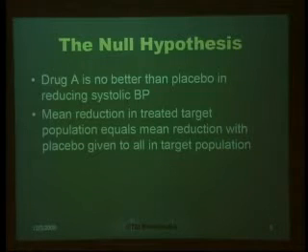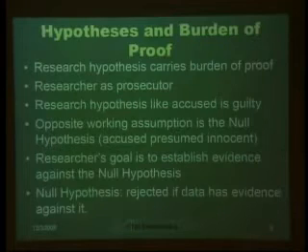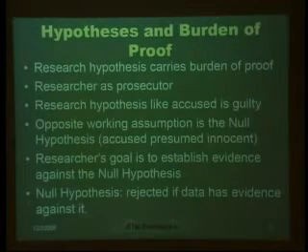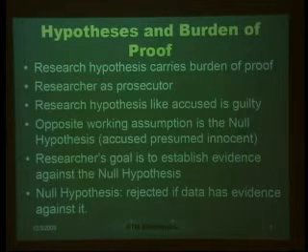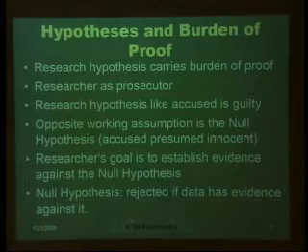So drug A is equal to drug B. The alternative hypothesis would be drug A is better than the placebo for reducing the blood pressure. So those are the usual hypotheses for this test, the usual test procedure.